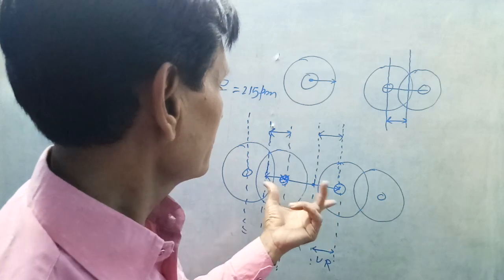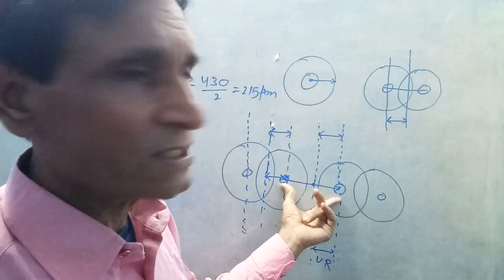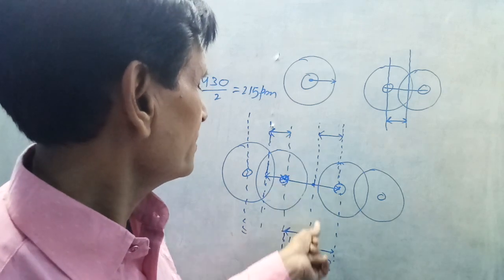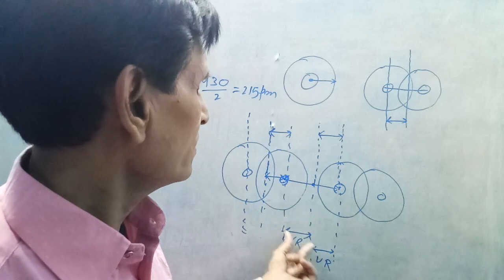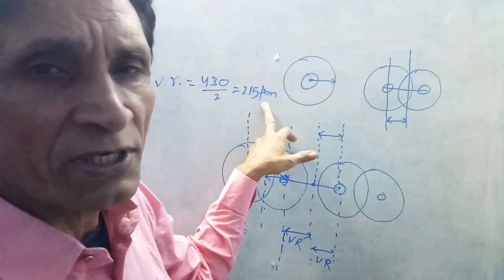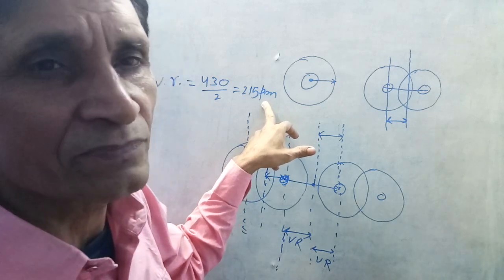Experimentally it was found 430 picometer, half of that is 215 picometer, this one or this one, and this 215 picometer is the van der Waals radius of iodine.